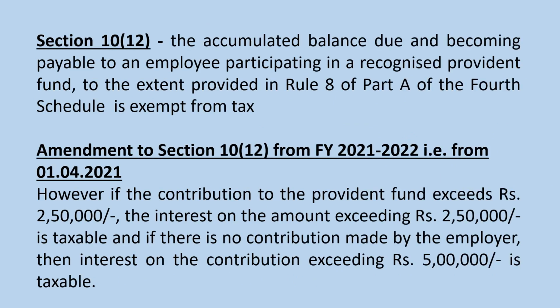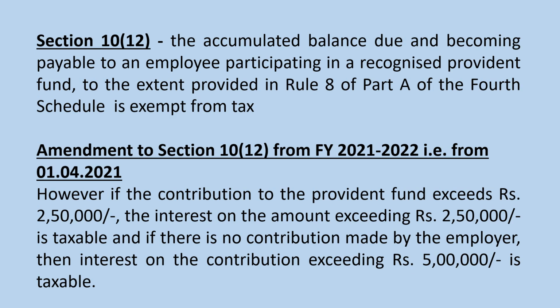Section 10, subsection 12, the accumulated balance due and becoming payable to an employee participating in a recognized provident fund to the extent provided in Rule 8 of Part A of the 4th schedule is exempt from tax.